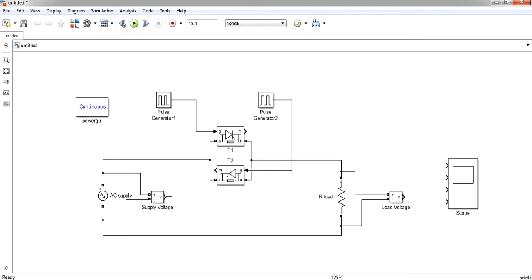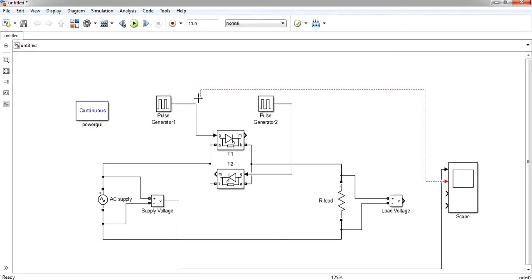So let us connect one by one. So first will be your supply voltage, right? Then the second will be your first pulse generator output. Third will be your second pulse generator output, and the last one is the load voltage.